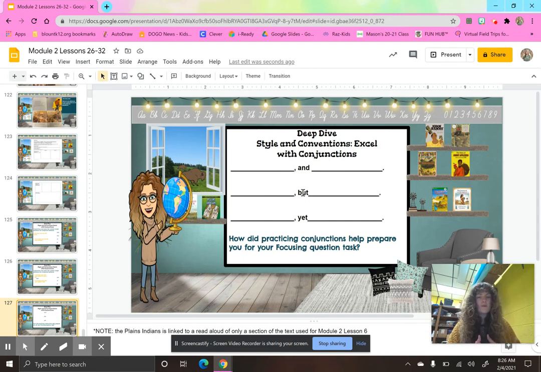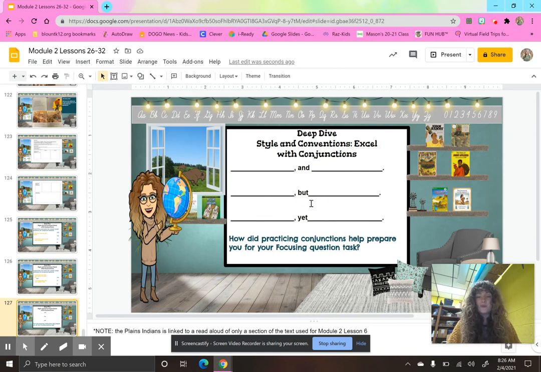So here is what I want you to do. I want you to think of two simple sentences that you can put together using a conjunction. So you can say in Keats' version, John Henry uses hammers, and in Lester's version, John Henry uses hammers. I put those sentences together with the word and.